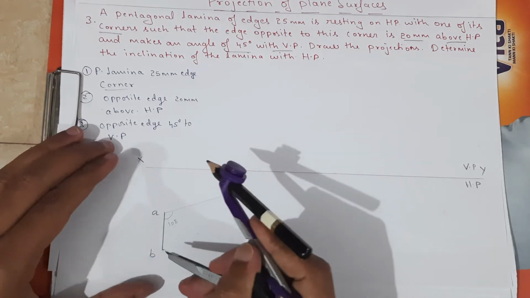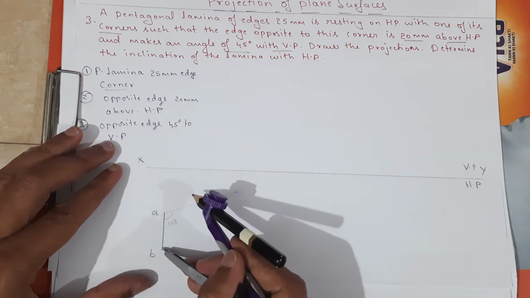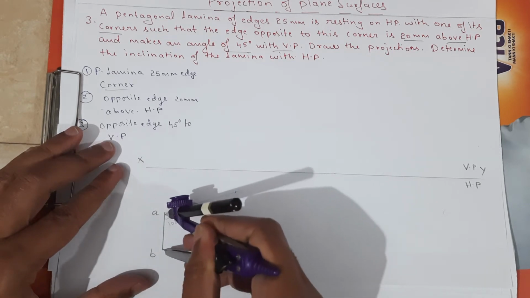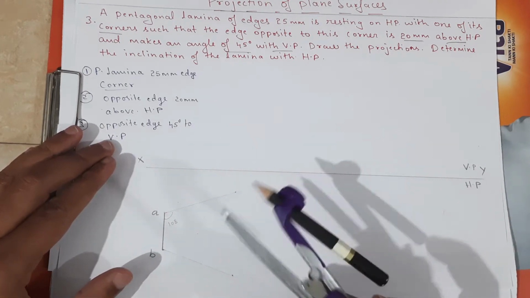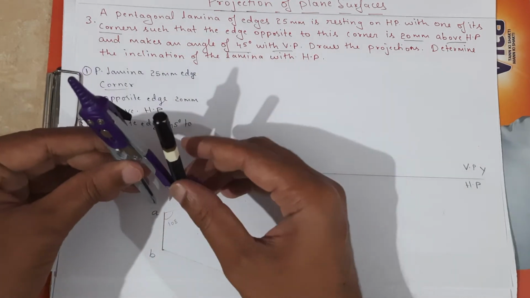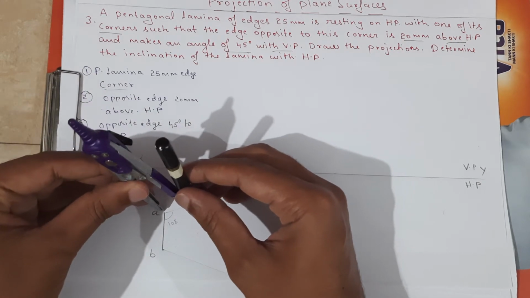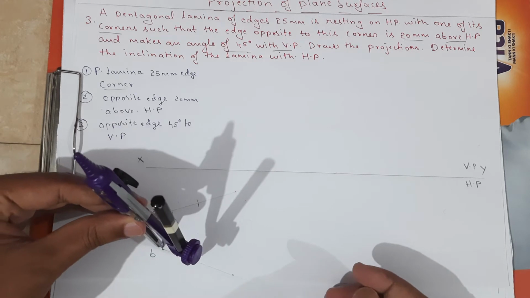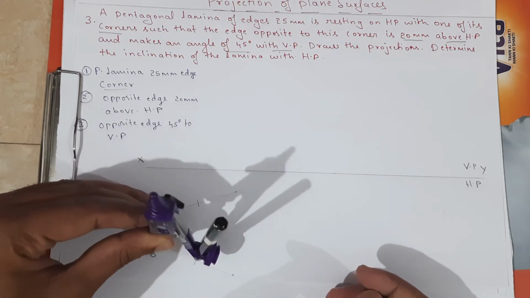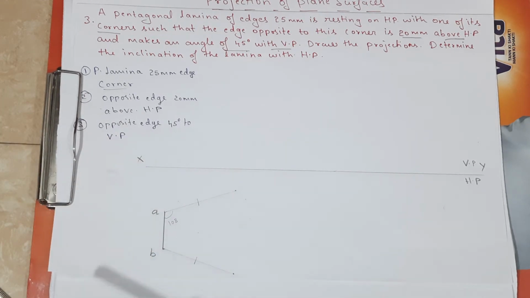The pentagon's base edge is 25 mm. With the help of a compass, I take the measurement of 25 mm. With A as center, I cut an arc on this line, and also from B. I got two more corners.